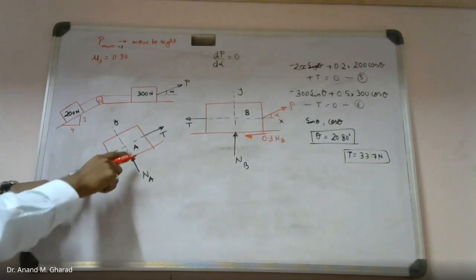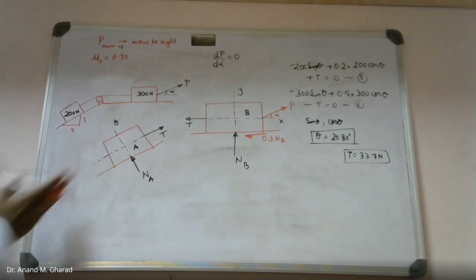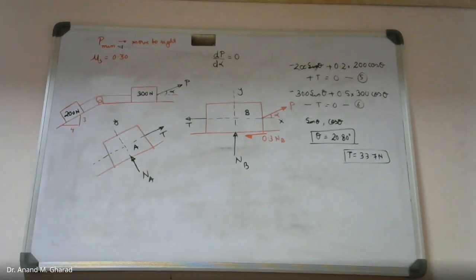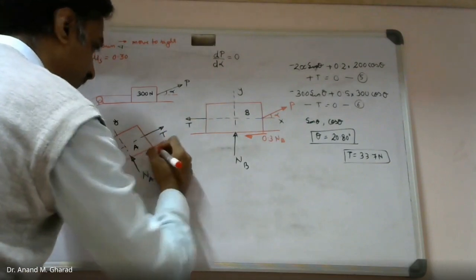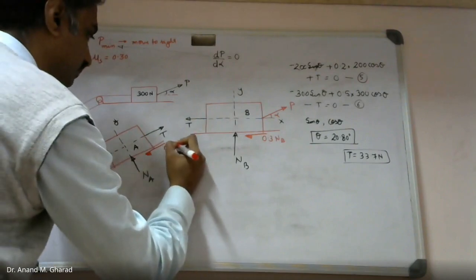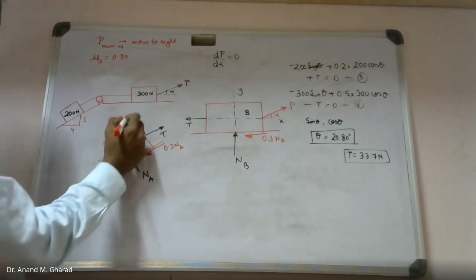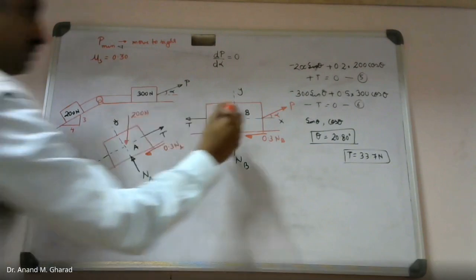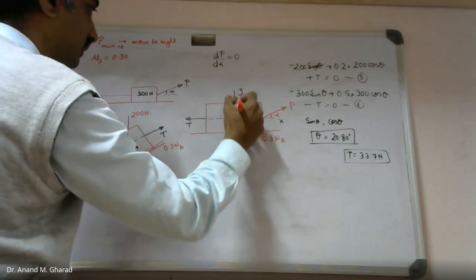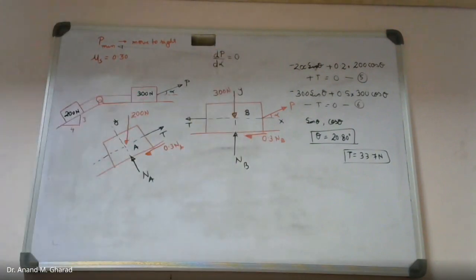Now what will be the direction of frictional resistance in this case? Will it be upward or downward? Because this is an inclined surface. It will be downward. Correct. It will be downwards. And what will be the value? 0.3 times NA. This is 200 Newton. This is 300 Newton. This is the complete picture of the free body diagram.